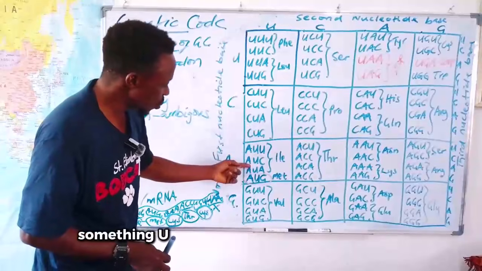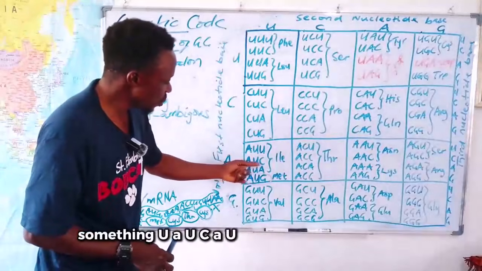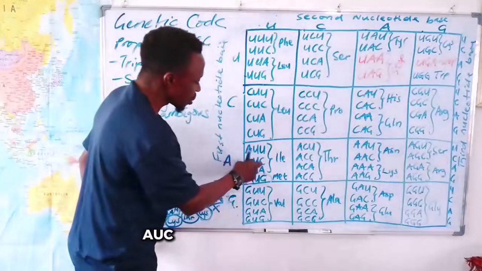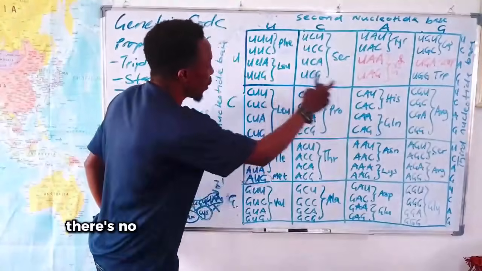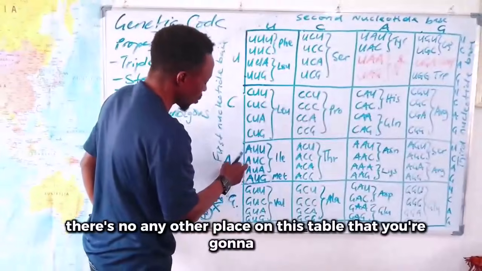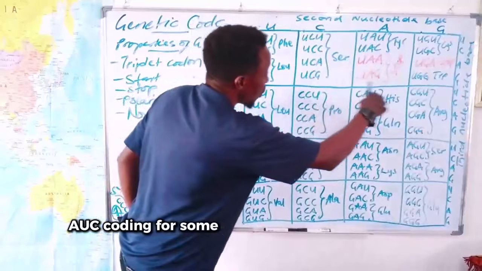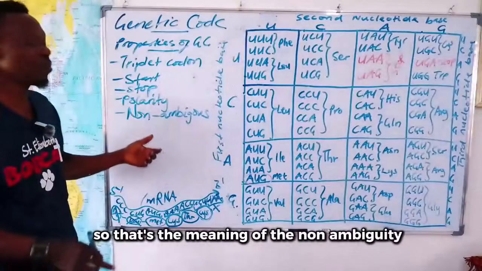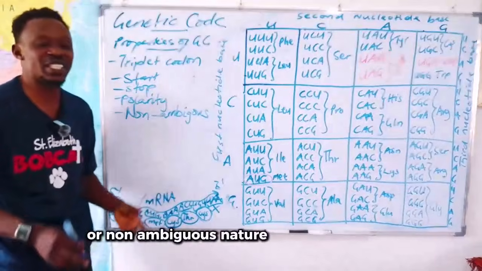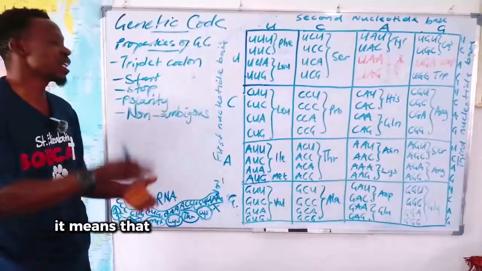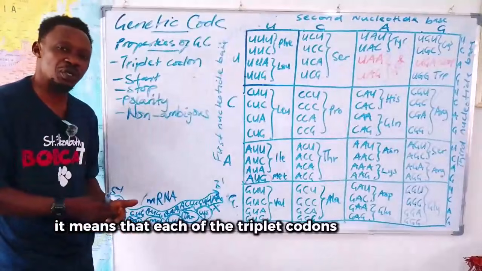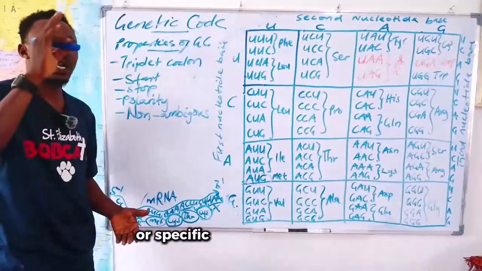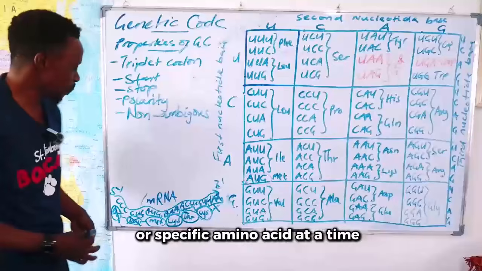Same thing, AUC is coding for isoleucine. AUC codes only for isoleucine. There's no other place on this table where you're going to find AUC coding for some other amino acid other than isoleucine. So that's the meaning of the non-ambiguous nature of the genetic code. It means that each triplet codon codes only for a specific amino acid at a time.